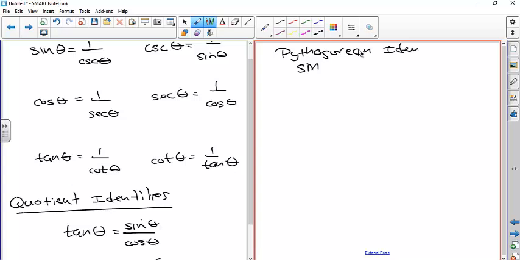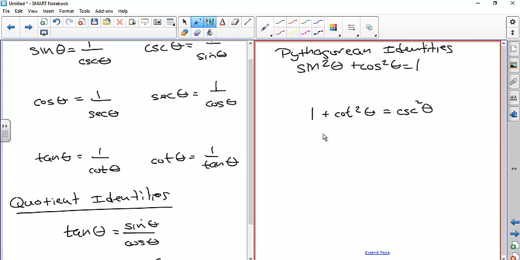Which turn out to be, all of these are very important. So you've got sine squared of theta plus cosine squared of theta equals 1. If you divide this by sine squared, you get 1 plus cotangent squared of theta equals cosecant squared of theta.